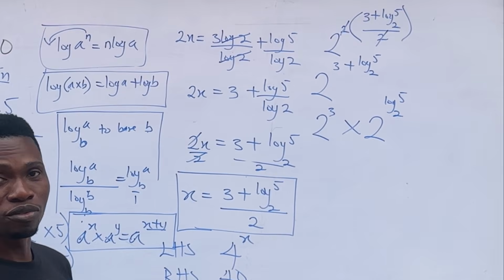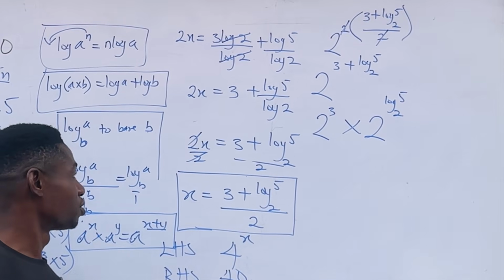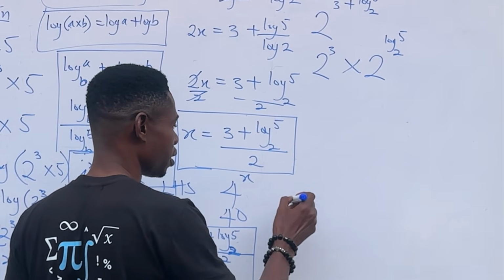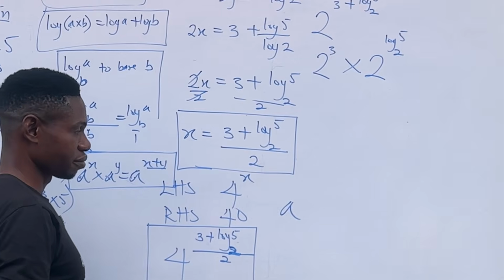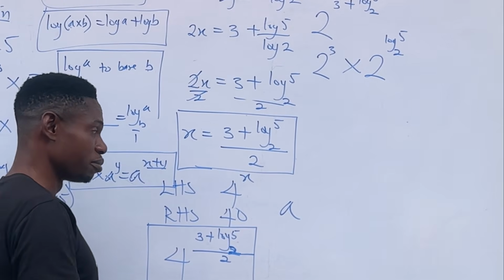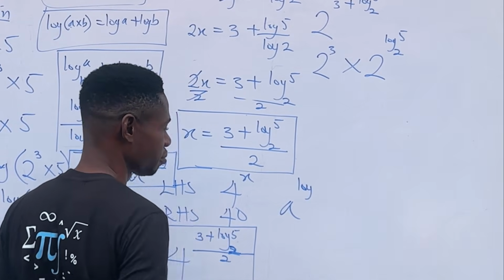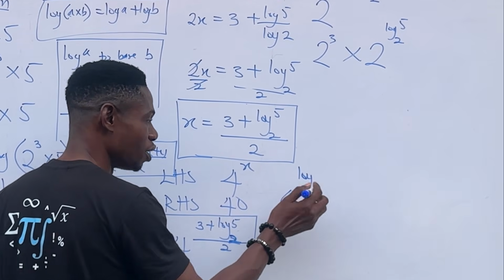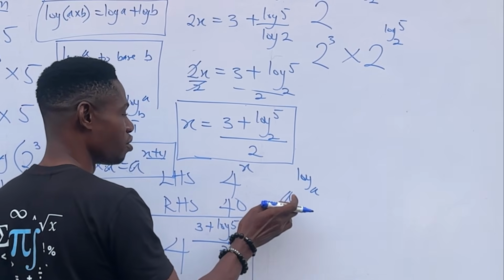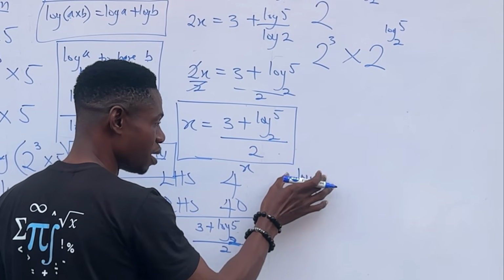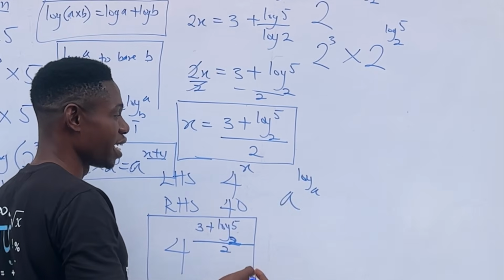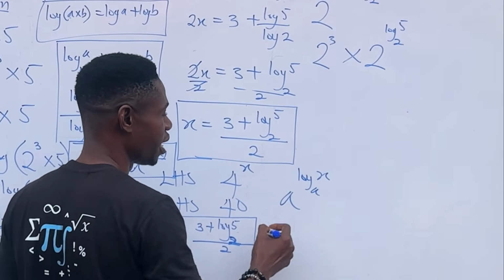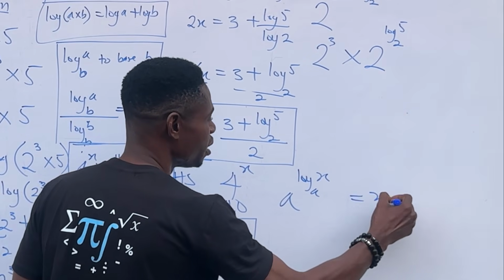Now, there's this law of logarithm that is not very popular, but interesting. The law says that if you have a number, let's say a, whose power is a logarithm, and the base of that logarithm is the same as the number, let's say our value here is x, then our answer is simply x.